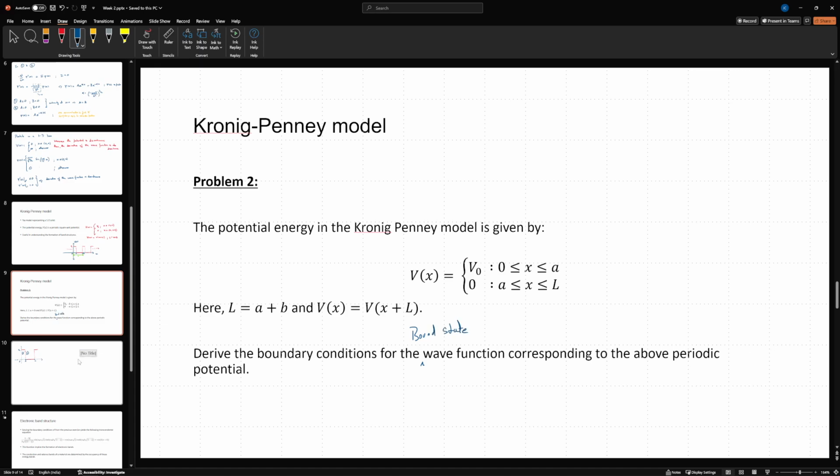Can someone tell me what the bound state condition for this problem is? Anyone? Any suggestions? What energy values E will correspond to a bound state in this potential?